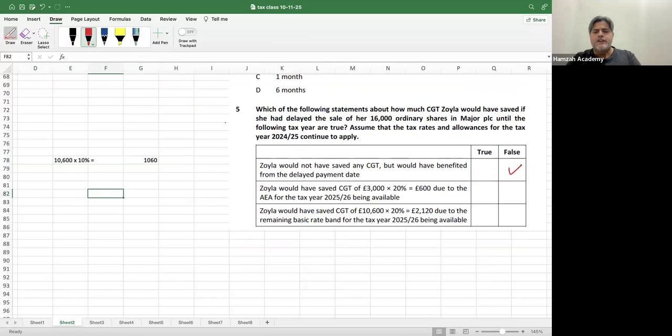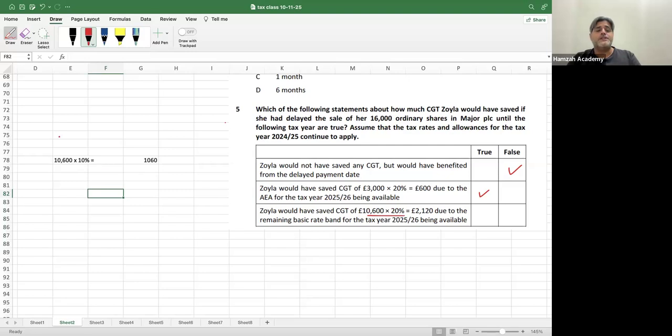And then, Zoila would have saved 3,000 into 20% due to the annual exempt amount for the tax year 25-26 being available. So this statement is true over here. And then, Zoila would have saved 10,600 into the 10%. So I got this 10% over here of the 1,060 due to the remaining basic band. It's saying about the remaining.